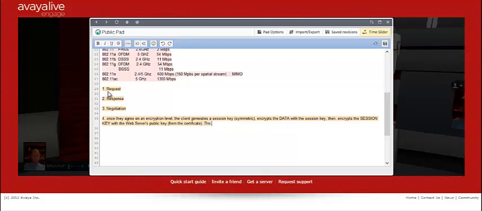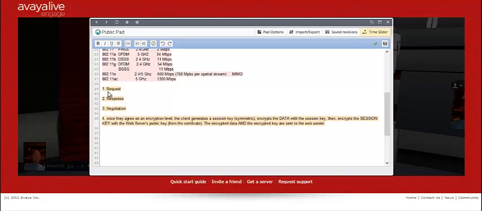The encrypted data and the encrypted key are sent to the web server.